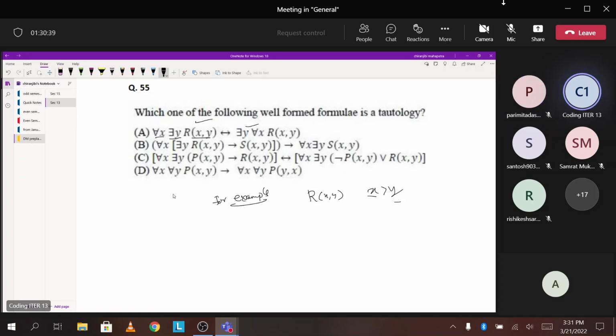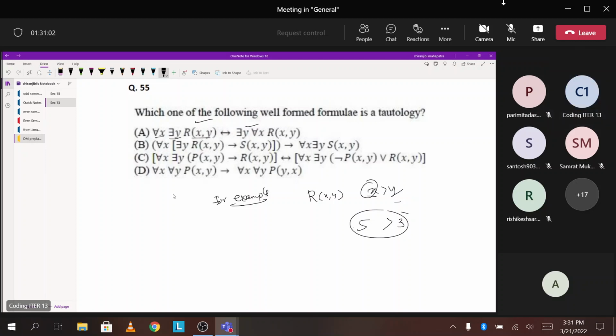That's true. Because इसका मतलब यह है कि फॉर ऑल X, कोई भी X हम कंसिडर करते हैं, मे बी 5 और 6 व्हाटएवर इट मे बी, देयर एग्जिस्ट Y such that, Y means maybe 3 exist कर रहा है just such that 5 is greater than 3. So that's why this is true.